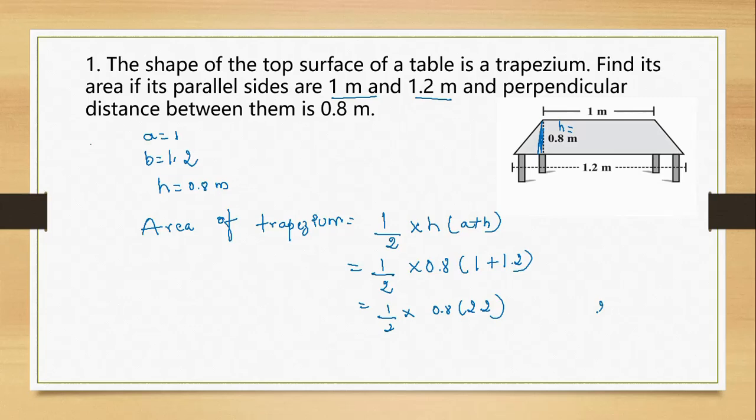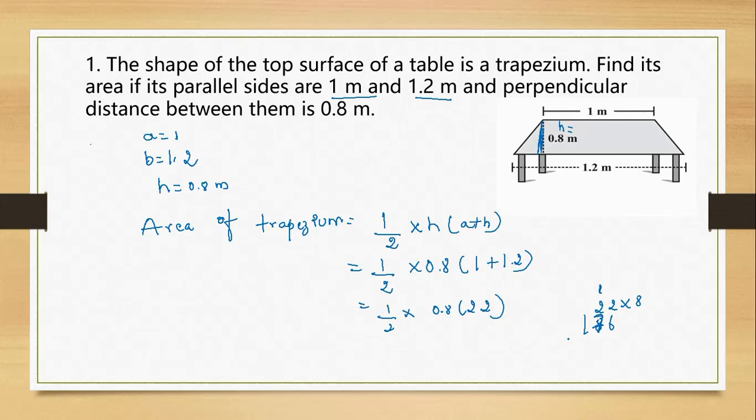If you multiply 22 into 8, 2 eights are 16, 8 twos are 16, 16 plus 1, 17, 176.